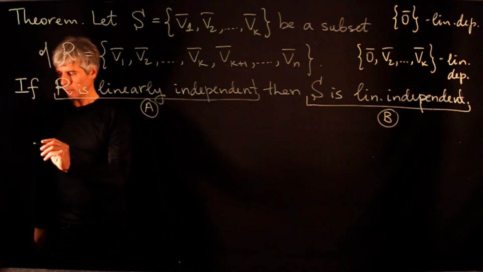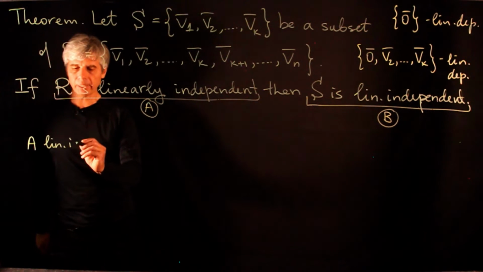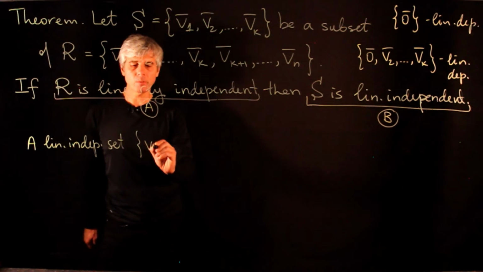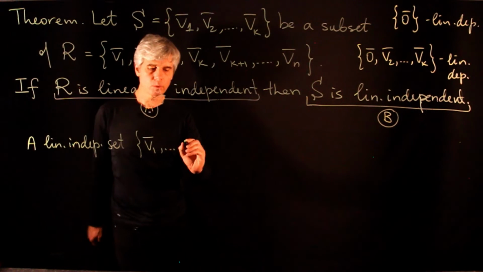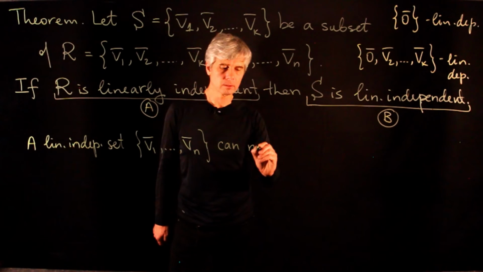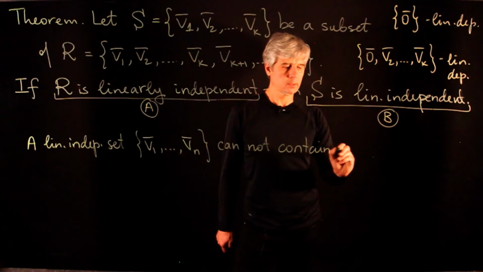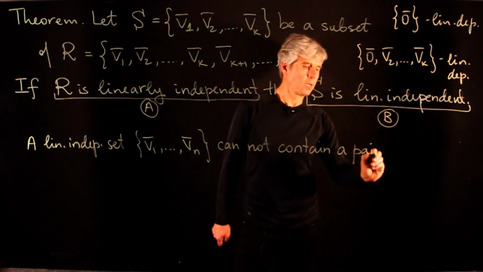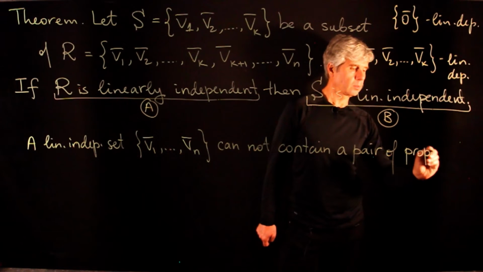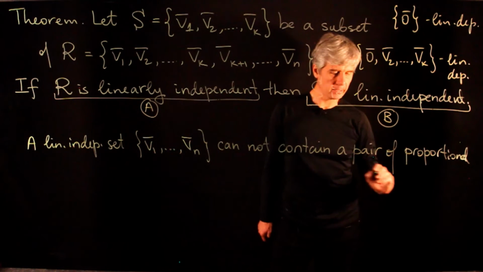In the same way, we see that a linearly independent set, say V1 through Vn, cannot contain a pair of proportional vectors.